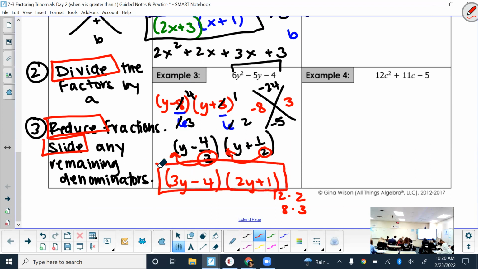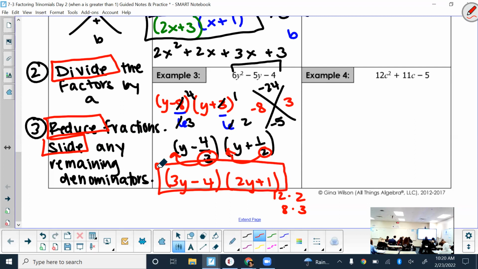So reduce the fractions as much as you can, and then if they don't work out nicely, slide the denominator in front of the variable. And if you FOIL, even if just in your head, 3y times 2y is 6y squared. So any questions on example 3?